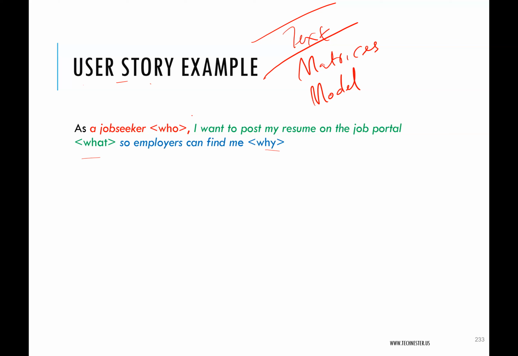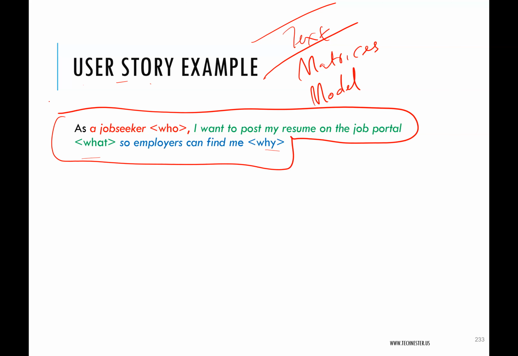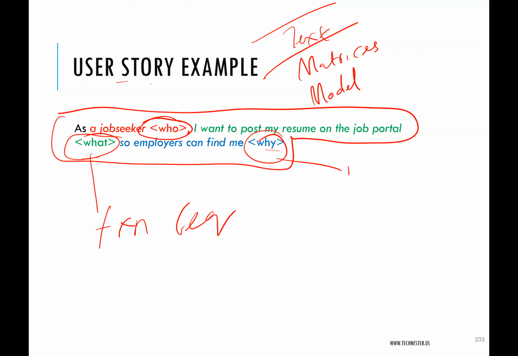So in this user story, this simple sentence, I'm mentioning who, that is the stakeholder, what they want, that is the functional requirement, and why they want it, the business requirement. Who, the stakeholder, so stakeholder requirement.